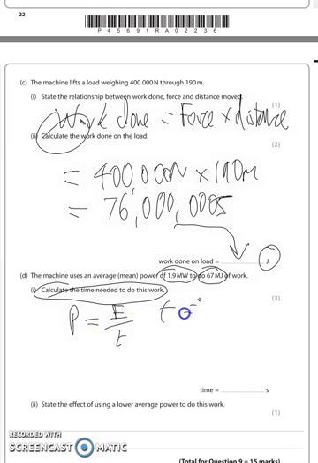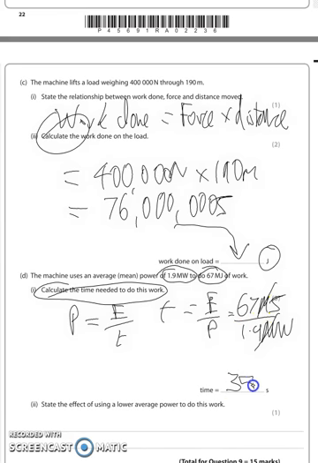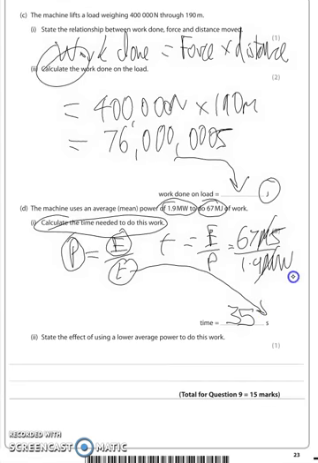So if you want the time, that equals energy over power, which is 67 million joules divided by 1.9 million watts. We got millions there, so we can cancel those out. So it's 67 divided by 1.9, which is 35 seconds. Remember that if this is in watts, which is joules per second, and this is in joules, the only unit that would leave us would be seconds.